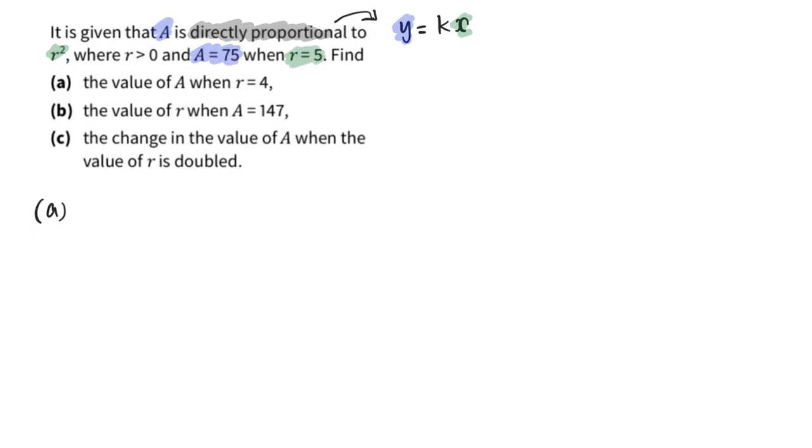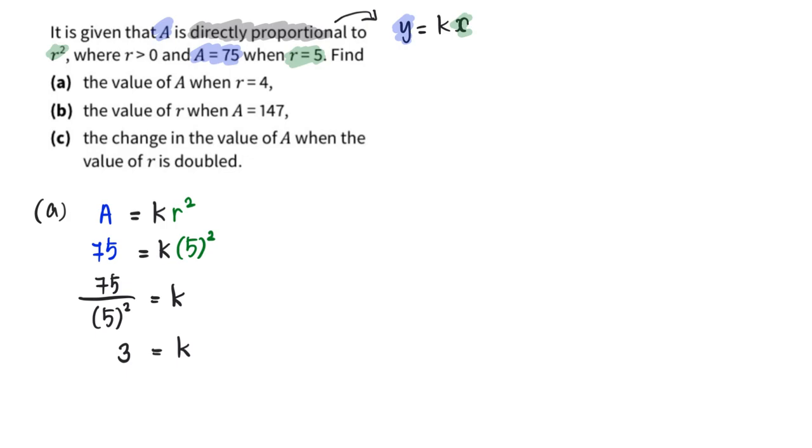Okay, and they give me these two values, meaning that I could just simply have this. First of all, this will be the equation that relates a to r squared, but we still need to find the value of k. So I'm going to substitute a as 75, r as 5, and therefore I will then be able to find my value of k, which is 3.